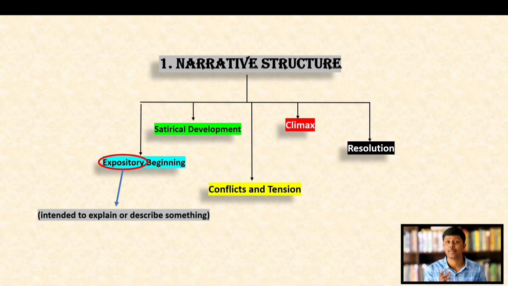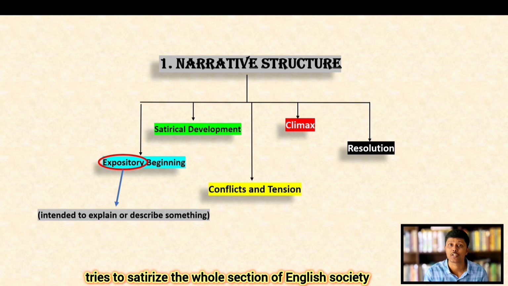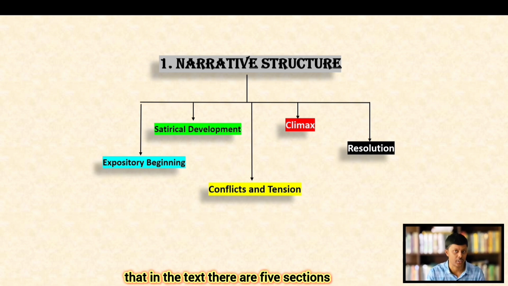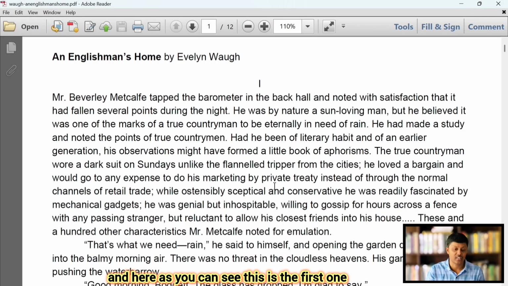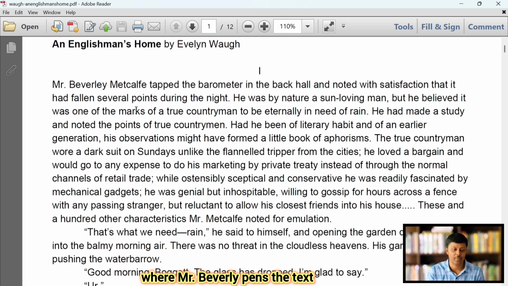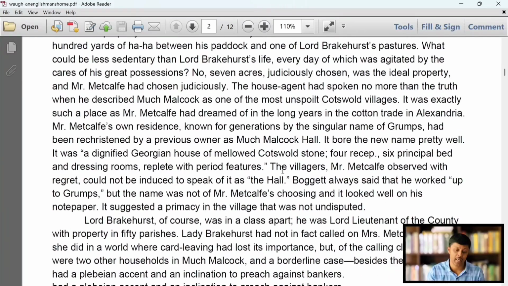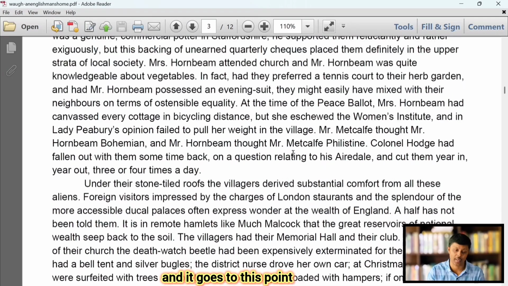Why satirical? Because there is indeed satire, because the writer, Evelyn Waugh, tries to satirize a whole section of English society. Now, one interesting factor is this, that in the text there are five sections. And here, as you can see, this is the first one where Mr. Beverley pens the text, and there are conversations, and it goes to this point.